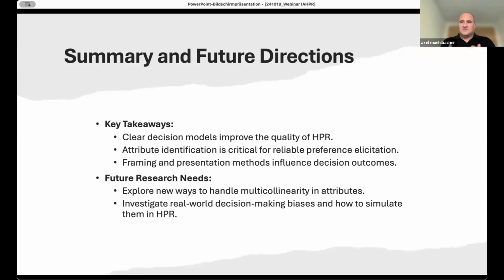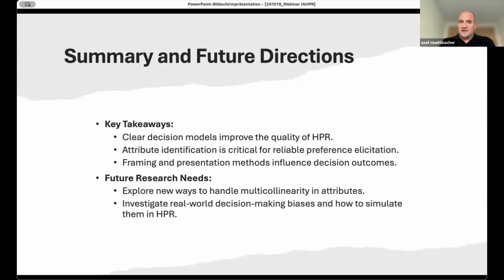A lot of times we struggle with the number of attributes, trying too much and therefore harming the study because people cannot make decisions, or maybe forgetting or not using some of the most important attributes, which then leads to results which do not reflect reality. We have to look at framing and how we present attributes and levels and the whole decision making framework, because it does have influence on what our participants in the study tell us, what's important to them, how they're making their trade-offs.